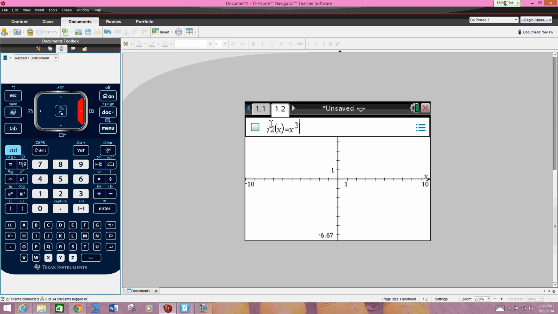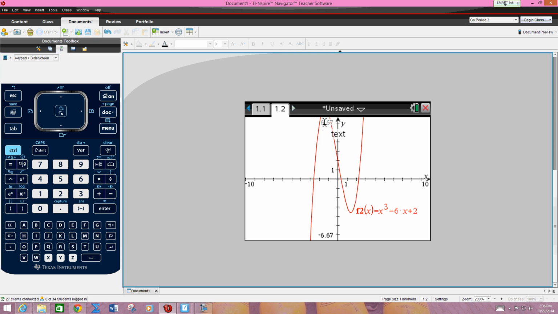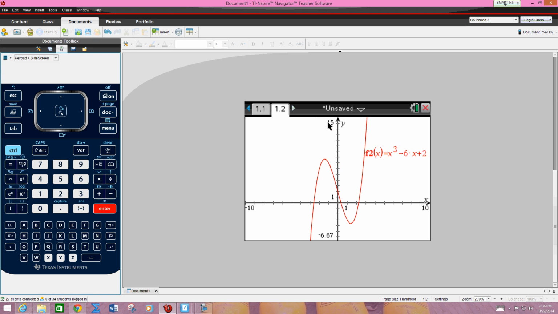I want to make sure I move my cursor down. Subtract 6x. And then I add 2. And now I graph it. And so I can't really see the top of this graph up here. So I'm going to change that. Next. Okay? And then I'm going to change these really quick to -5.